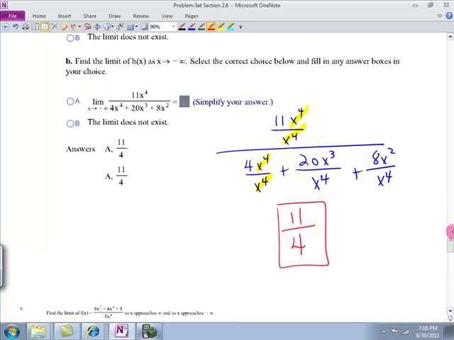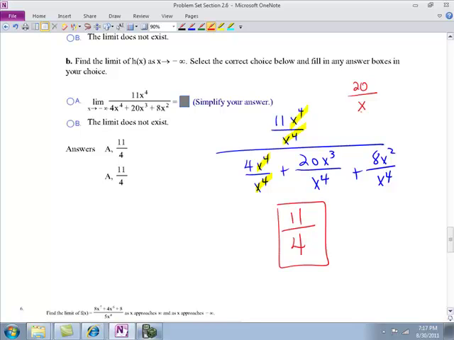Jeff, if we simplify this, we get 20 over x, because x cubed cancels out with x to the fourth. Any number over x, or over x to any power, that rule says the limit as you approach infinity is going to be 0.